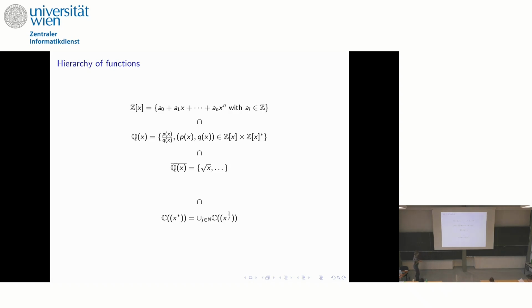So this hierarchy mimics a little bit the hierarchy for numbers, where you have the integers, the field of rational numbers, and its algebraic closure, and then all of a sudden you need to jump to the field of complex numbers.